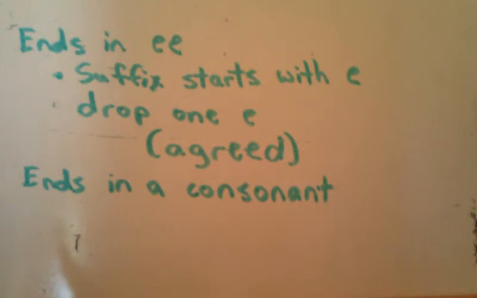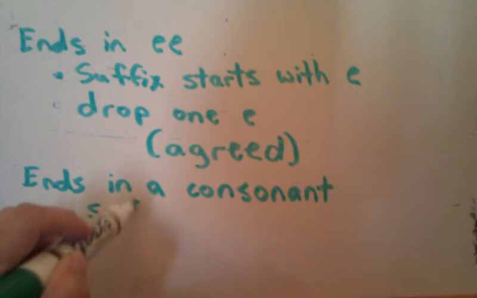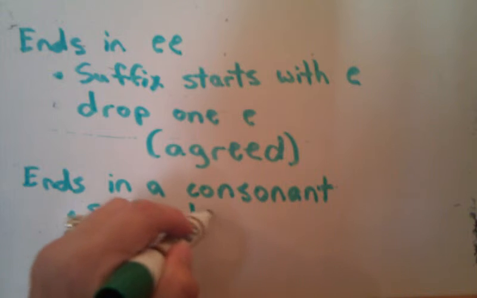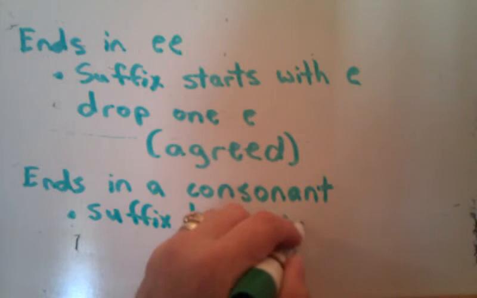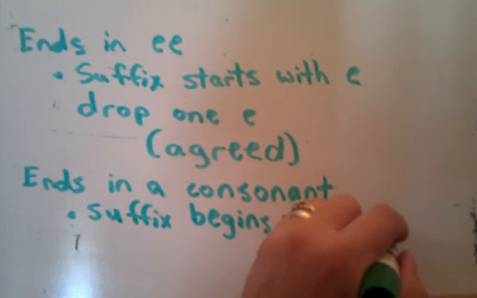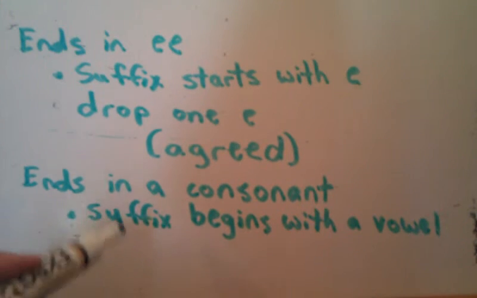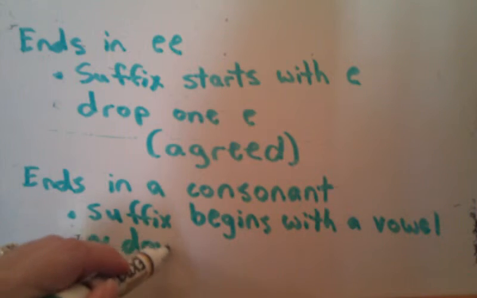So, if the suffix begins with a vowel, then you're going to double the consonant.